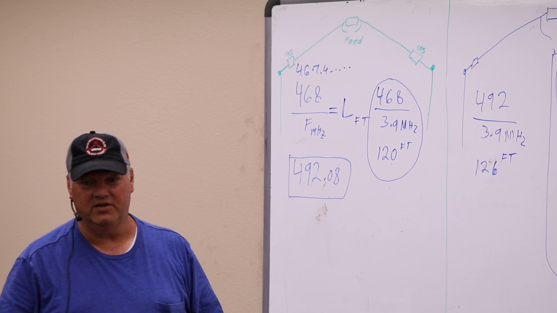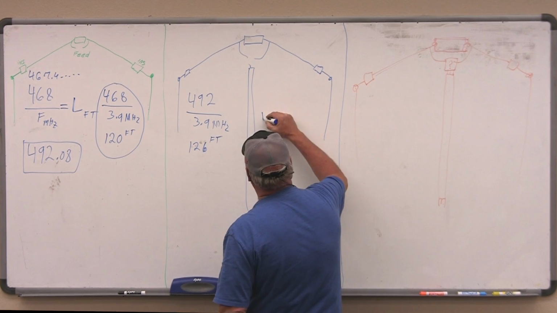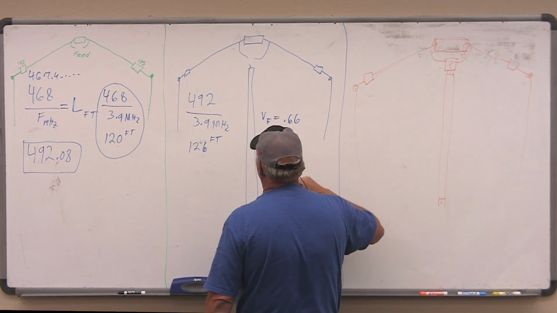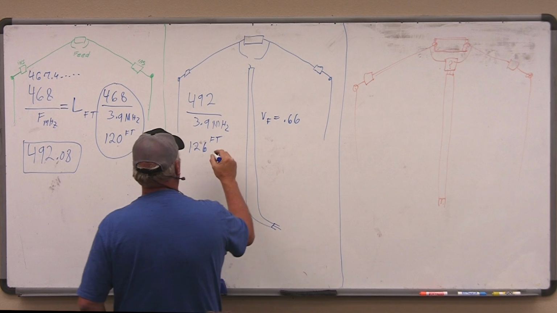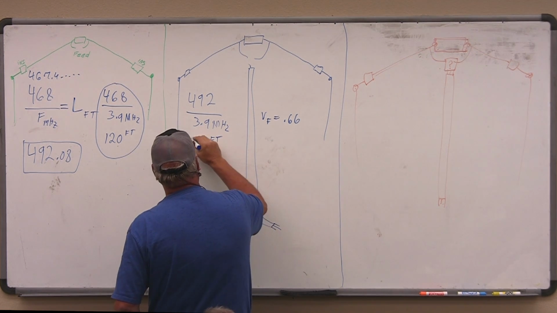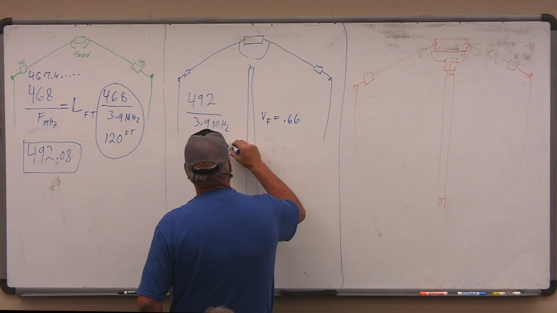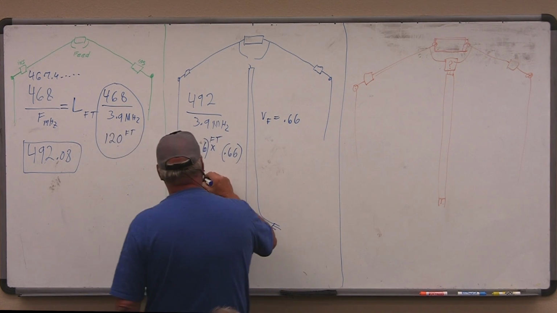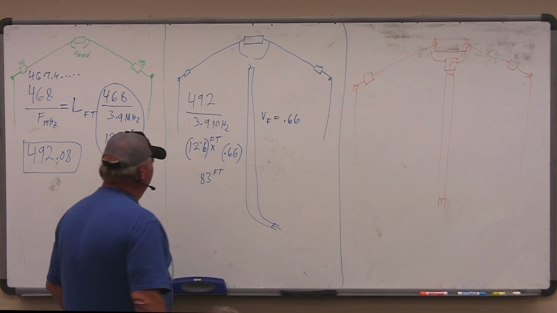We're going to go with 0.66 because it is. So we're going to say the VF equals 0.66. So we're going to take our 126 feet and multiply it times 0.66. What is that number? 83 feet. Electrical feet.